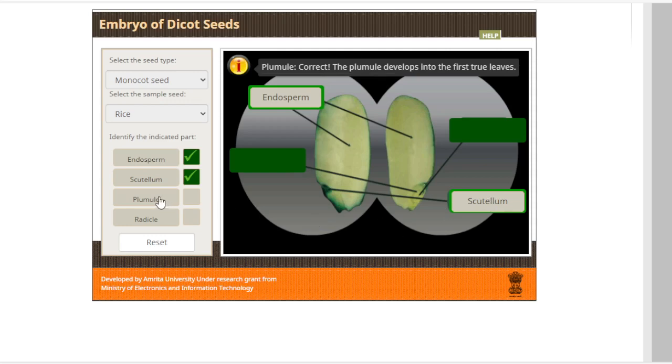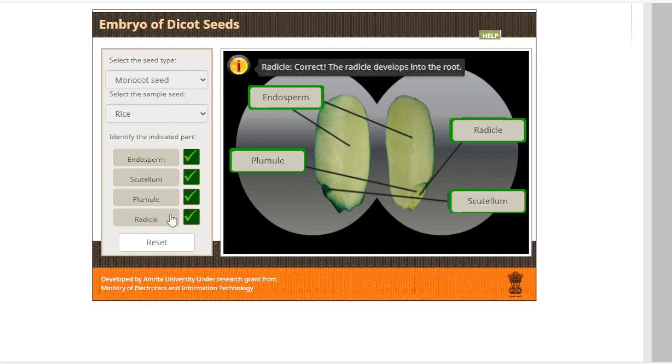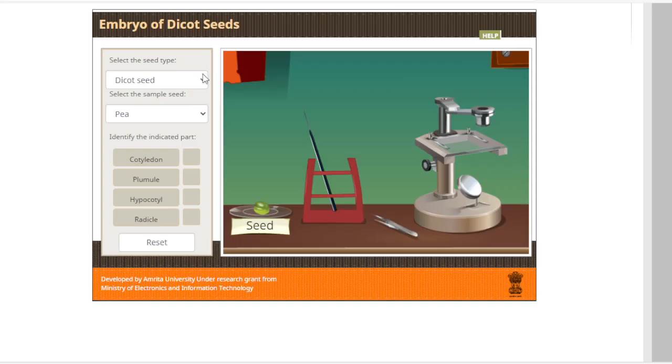Then we have got the plumule. Sorry, this is the location of the plumule, and this is going to be the location of the radical, right?